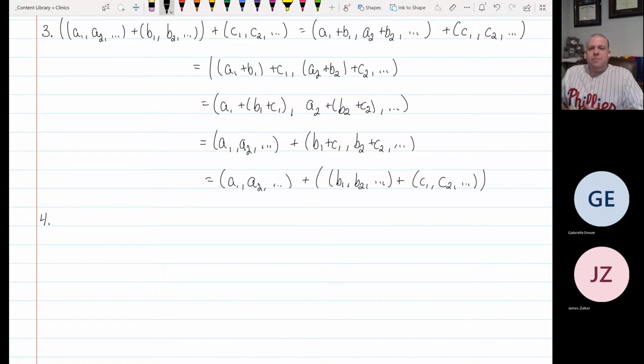Fourth axiom, the existence of an additive identity. Well, I claim that the ordered infinity tuple of zeros is the additive identity. So let's go ahead and prove that claim.